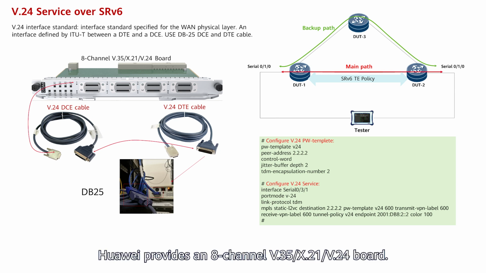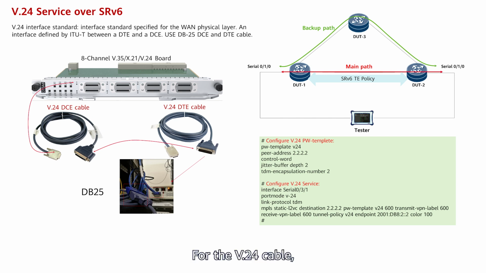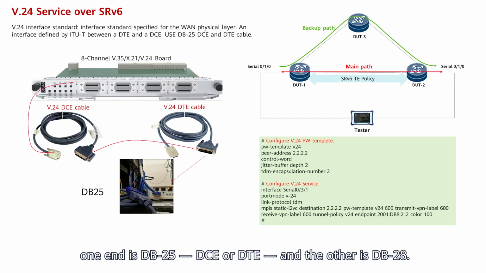Huawei provides an 8-channel V.35, X21, and V.24 board. The related interface standard is DB28. For the V.24 cable, one end is DB25, DCE or DTE, and the other is DB28.